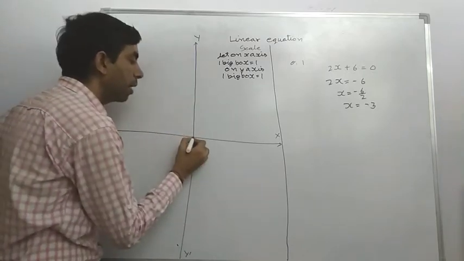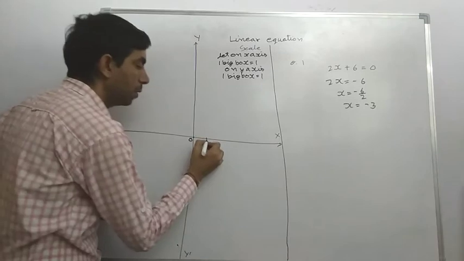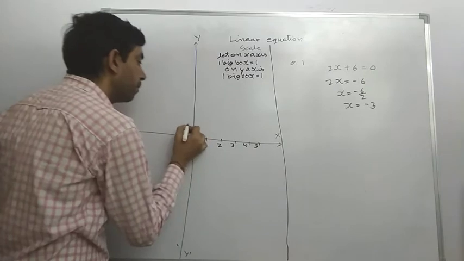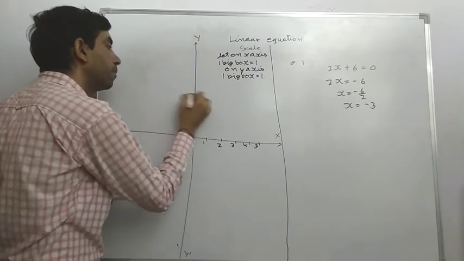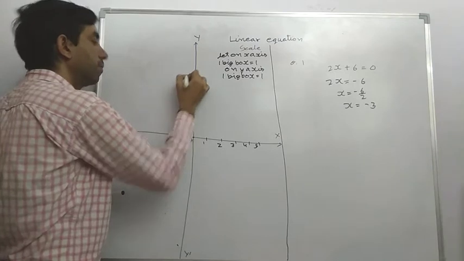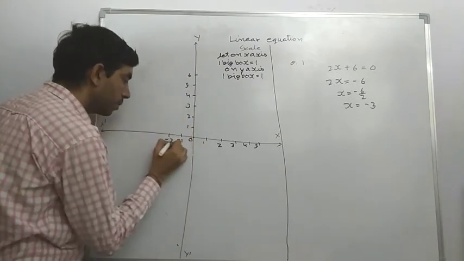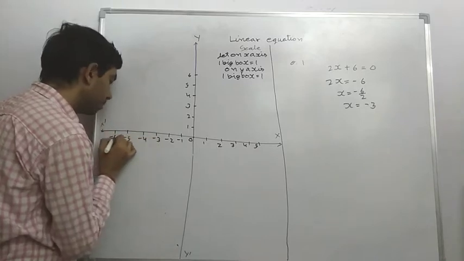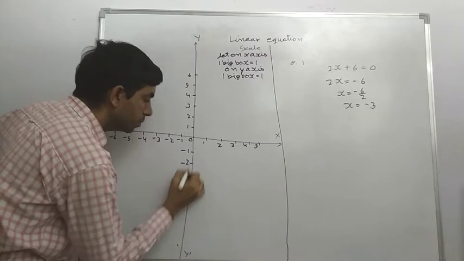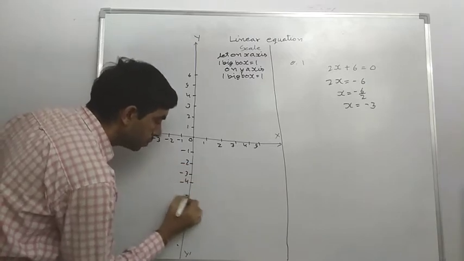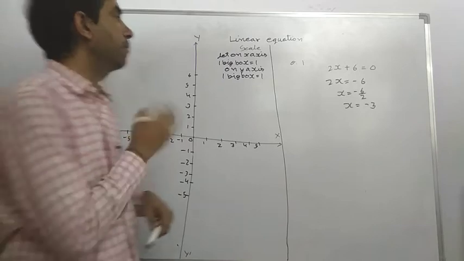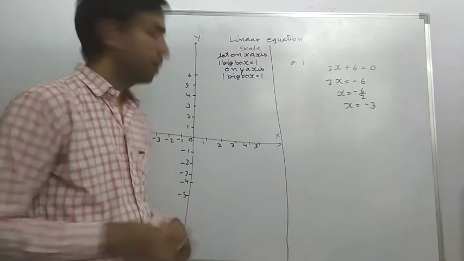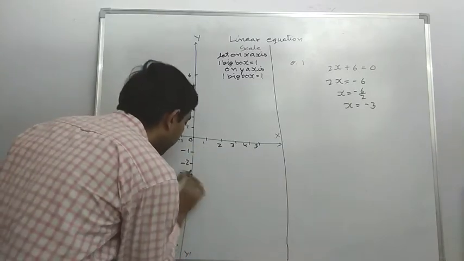Here generally we represent 1: 0, 1, 2, and now here we have marked this point, and our point is x equal to minus 3. We have x equal to minus 3 here.